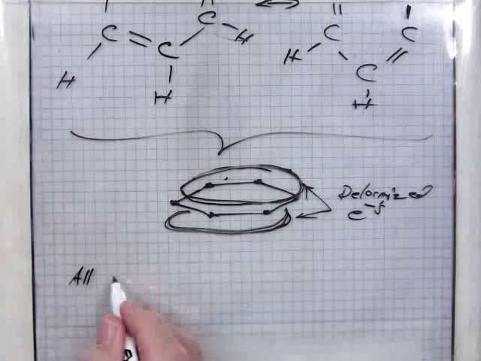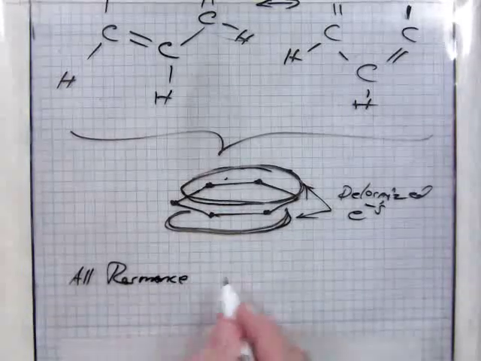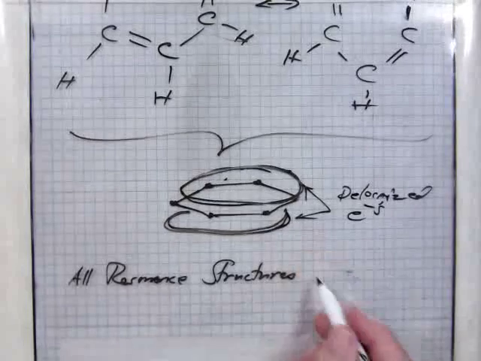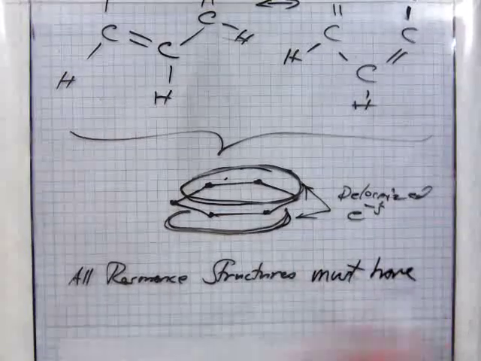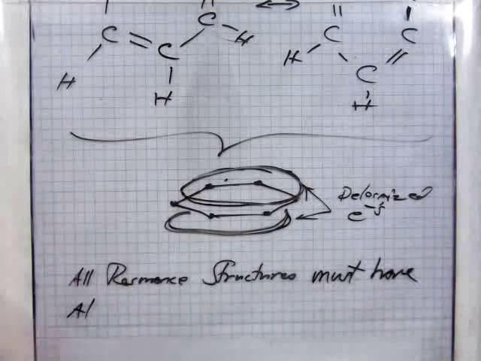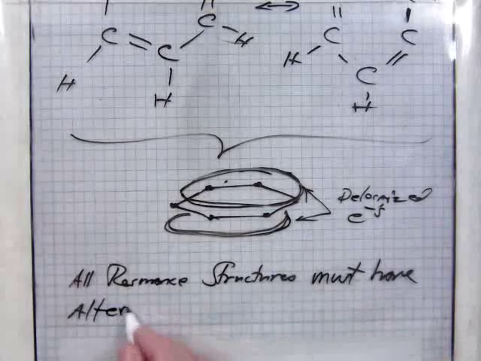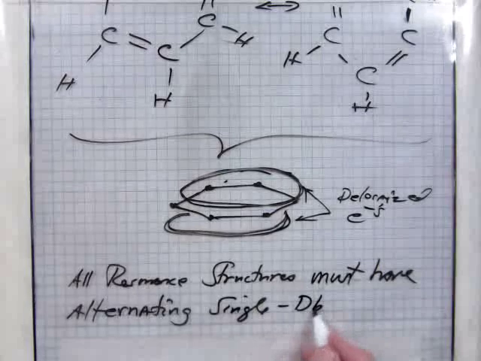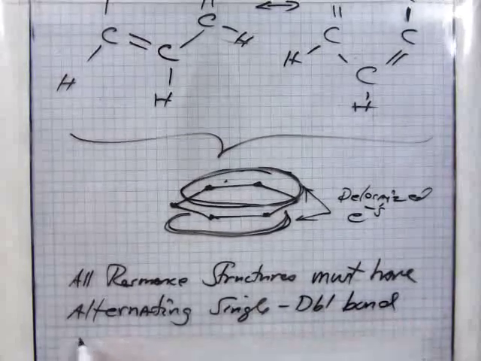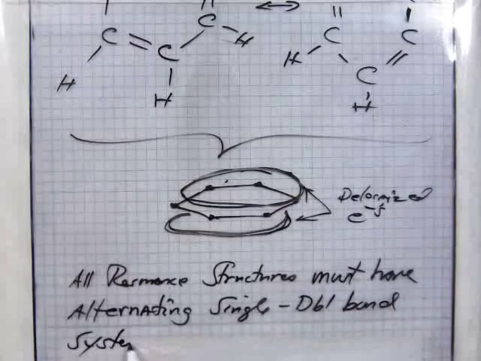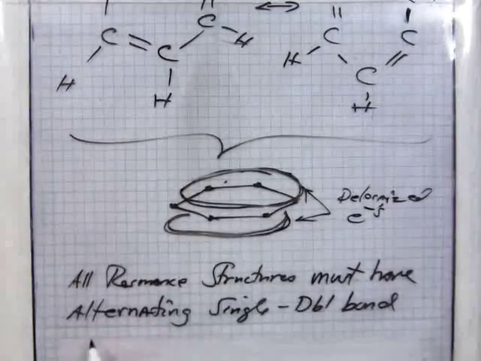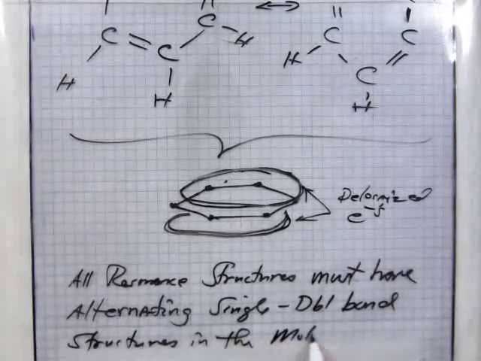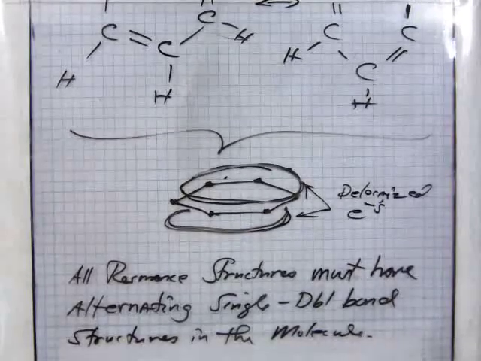All resonance structures must have alternating single double bond system fragments in the molecule.